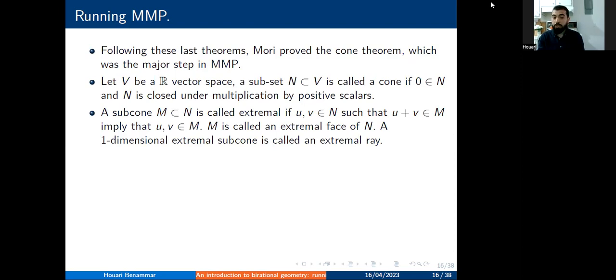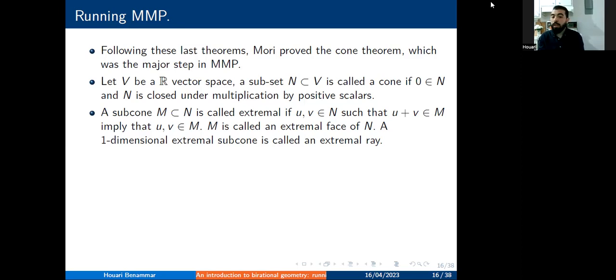So what is the cone theorem? Let's introduce some notation. If V is an R vector space, a subset N in V is called a cone if it contains zero, and N is closed under multiplication by positive scalars.